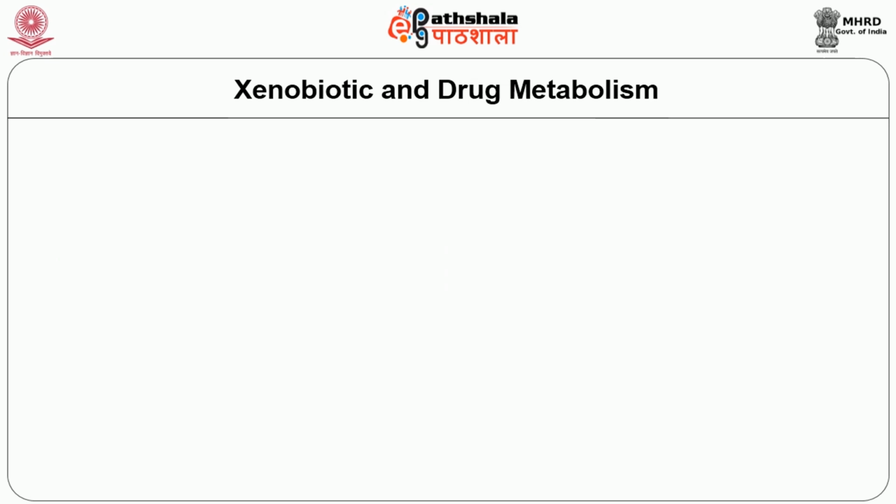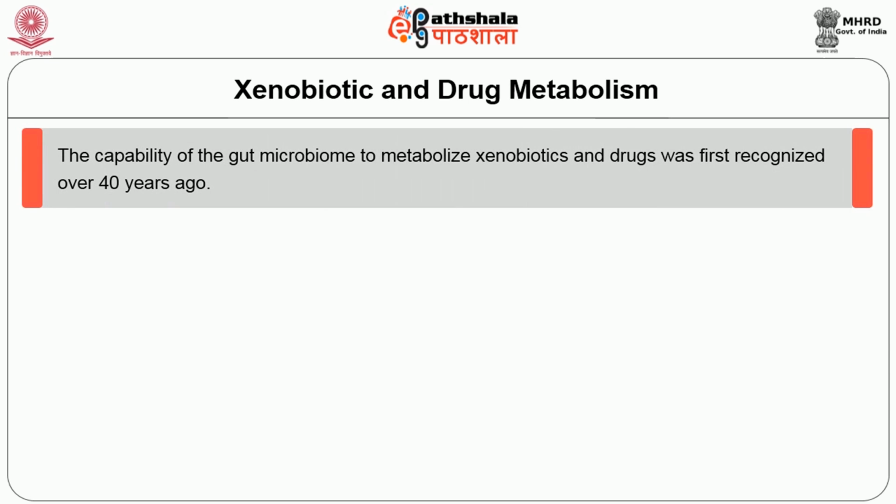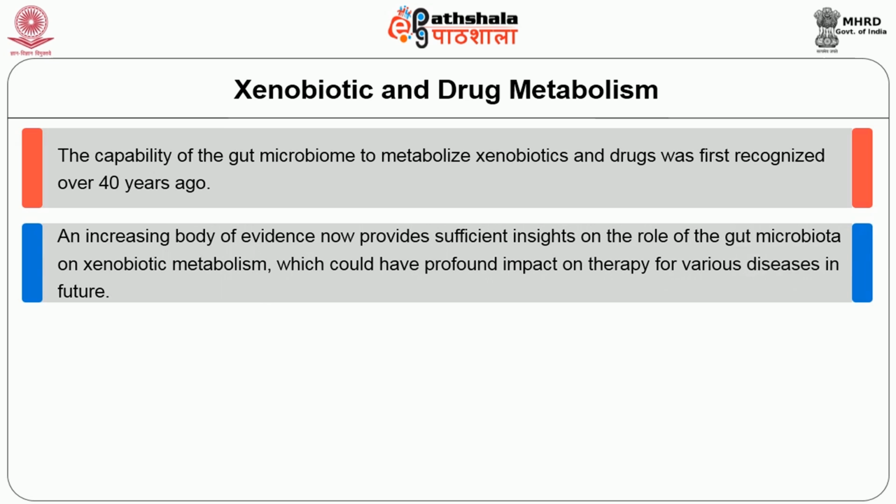Xenobiotic and drug metabolism. The capability of the gut microbiome to metabolize xenobiotics and drugs was first recognized almost 40 years ago. An increasing body of evidence now provides sufficient insights on the role of gut microbiota in xenobiotic metabolism, which could have a profound impact on therapy for various diseases in future.